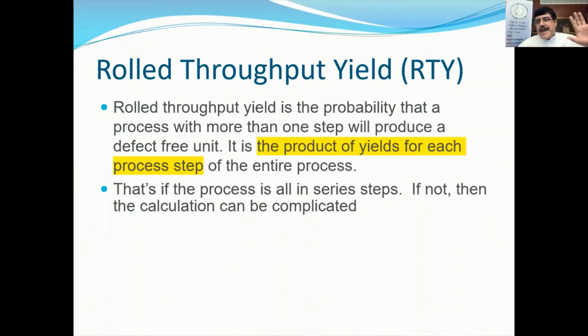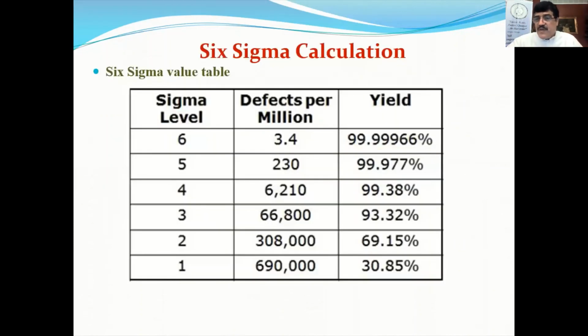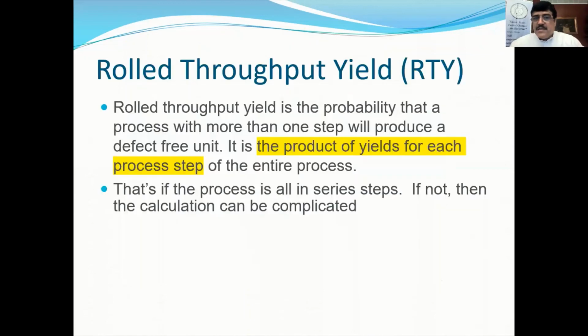Once it gets into parallel and combinations and so on, the calculation gets very sophisticated, and maybe you need special software to calculate it. But normally, for a process in series, you just take the yields, calculate them, multiply them together, and say this is my confidence in my process.